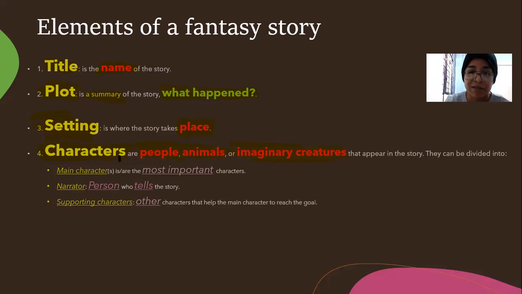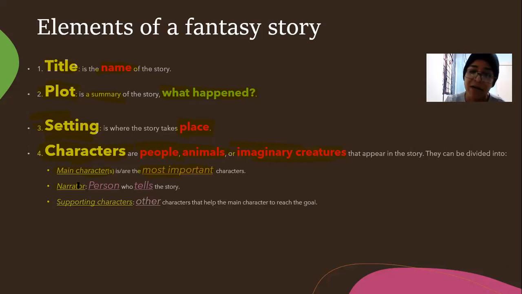Okay, esos son los characters, la gente que está ahí en la historia. Puede ser el main character. Main character is the most important character, el más importante. Te voy a dar un tip. La palabra character in Spanish is personaje, okay? But it's character. Title, plot, setting, character. Puede ser main character, which is the most important character in the fantasy story.